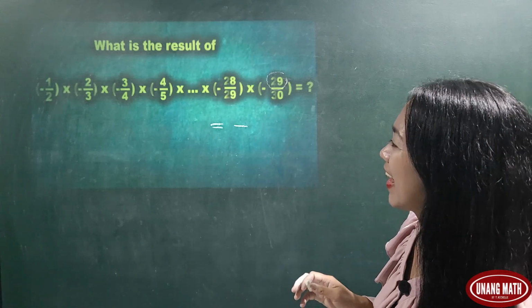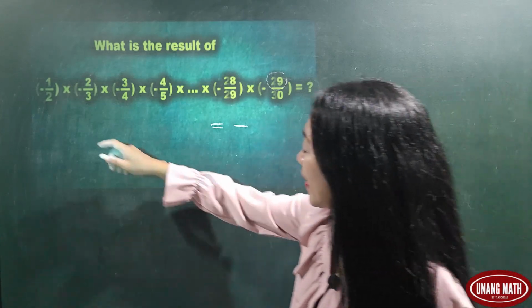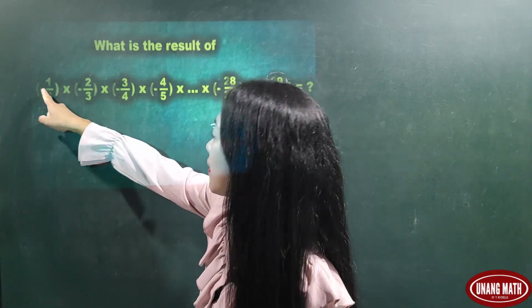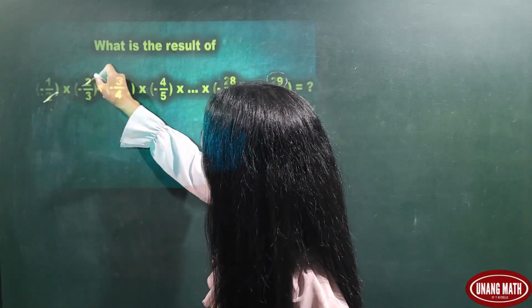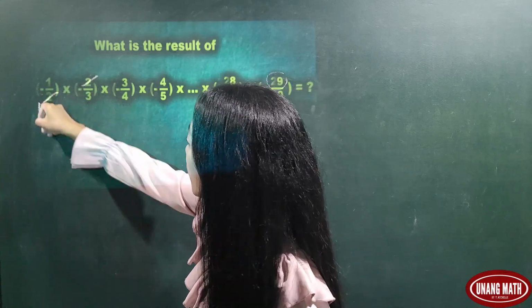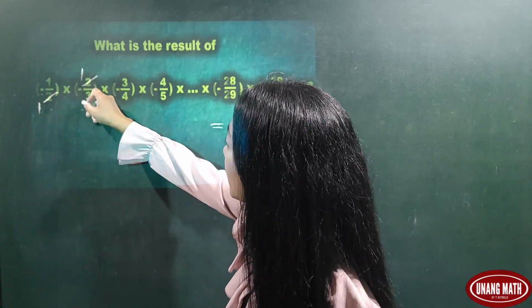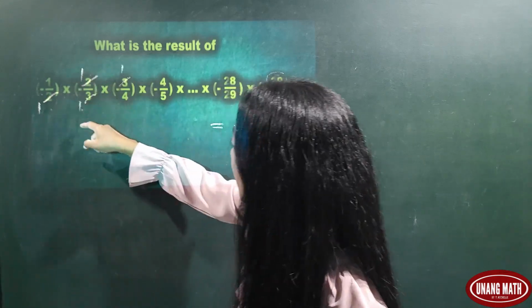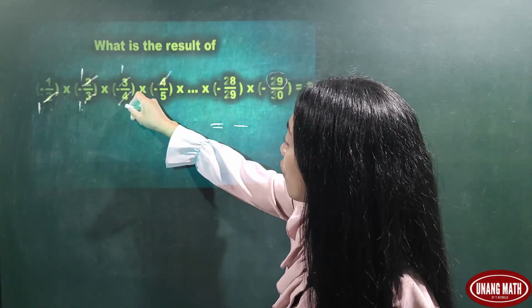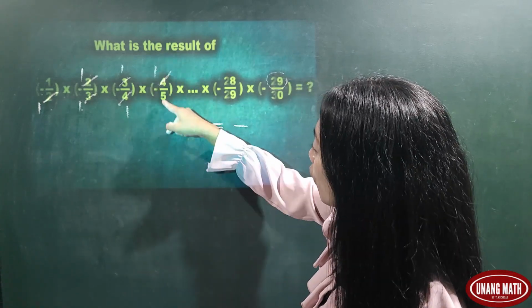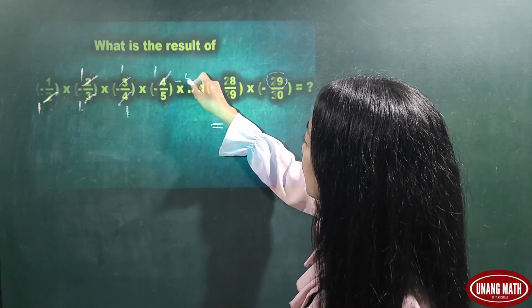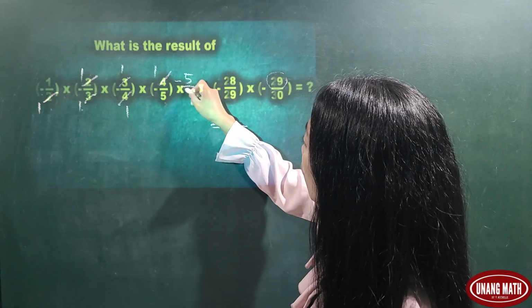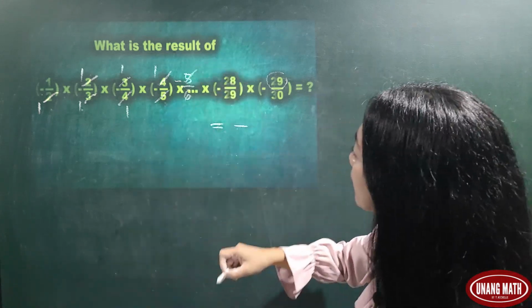Okay, let's calculate. We can actually simplify this one. So negative 1/2 times negative 2 over 3: 2 and 2, this becomes 1. 3 and 3 simplify and become 1. 4 and 4 simplify and become 1. Negative 4 over 5 means the next fraction is negative 5 over 6, so we can also simplify this one.